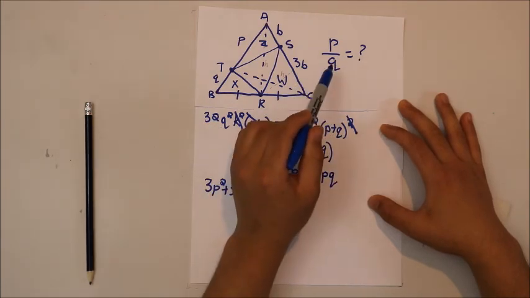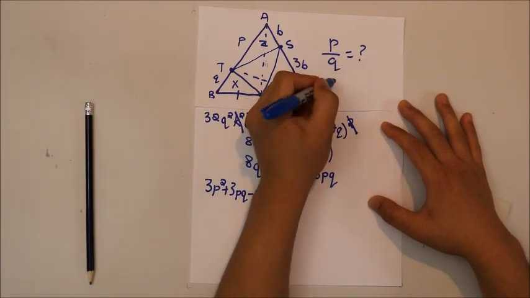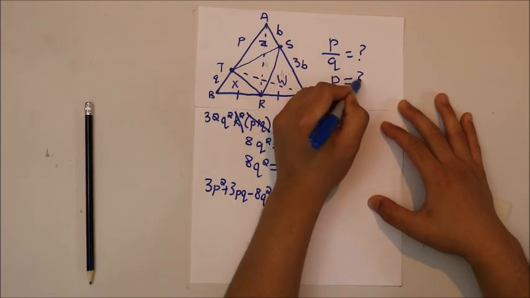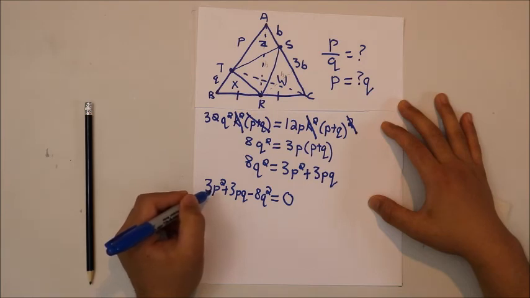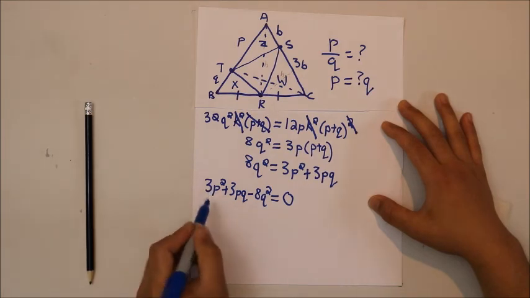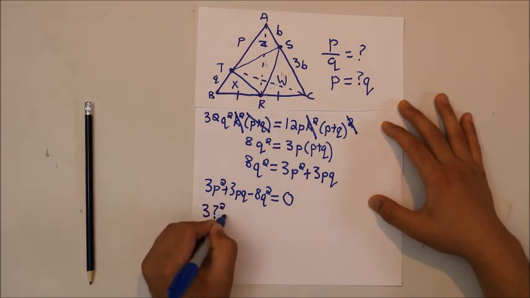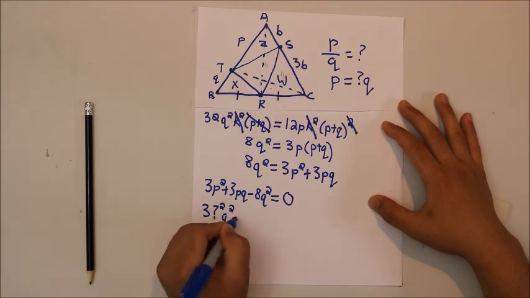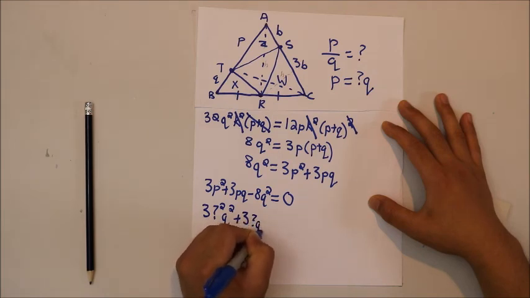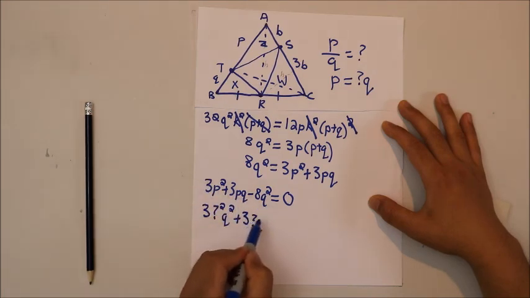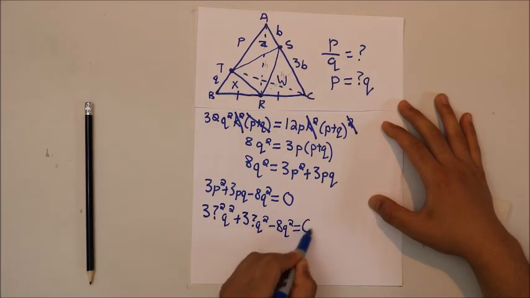However, if we times the whole thing by Q, we can isolate the P, and we get P is equal to question mark times Q. So every time we see a P, we are going to rewrite it as question mark Q. So we can rewrite this equation as 3 question mark squared Q squared plus 3 question mark Q times Q again, so that would get us Q squared, minus 8Q squared equals 0.